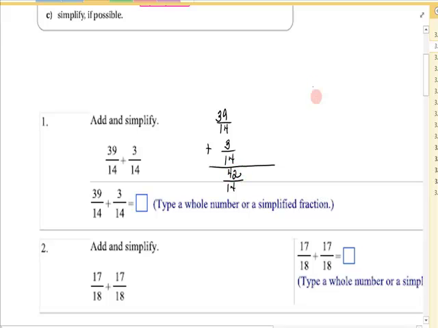All right, I have an answer of 42/14, which is the correct value, but 42 and 14 are both even numbers, so I can divide by 2. And that will give me 21/7.